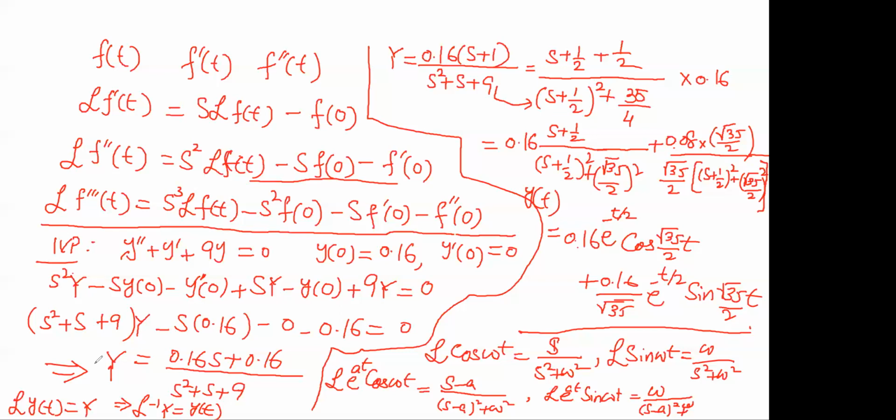On the left hand side, we have only capital Y, and then you take the inverse of that function, which, as I have said, is the most tricky part, or maybe sometimes it's difficult as well to find the solution. So here you can see that we have found the solution for the initial value problem.